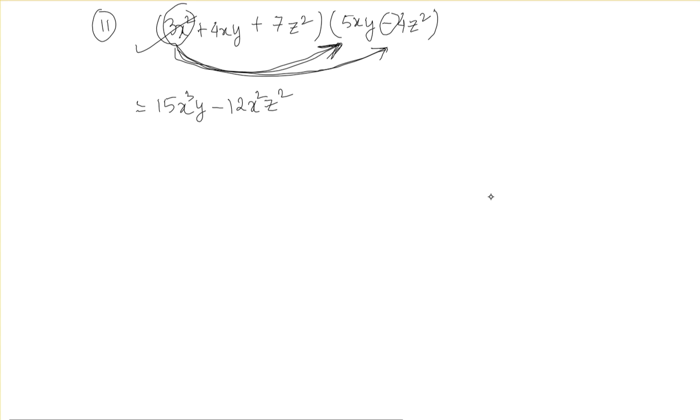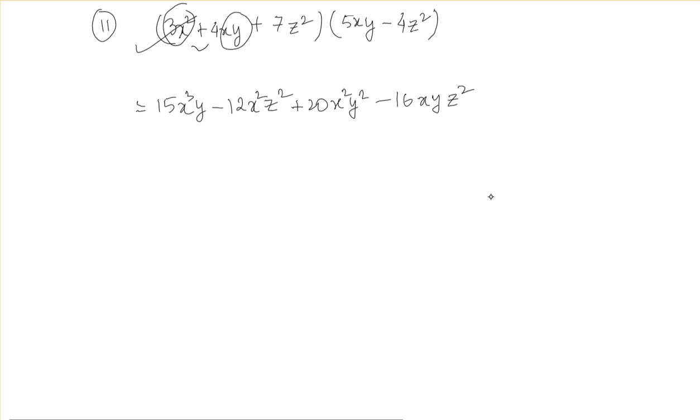Now 4xy times 5xy, 4 5s are 20, both are plus, so plus 20x square y square. Thereafter 4xy times this, there's a minus sign, so minus 4 4s are 16, xy and z square. Okay, now we are done with this also.